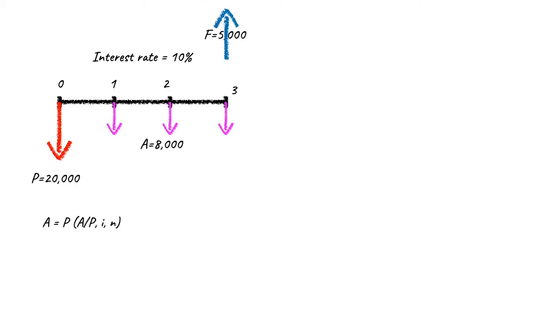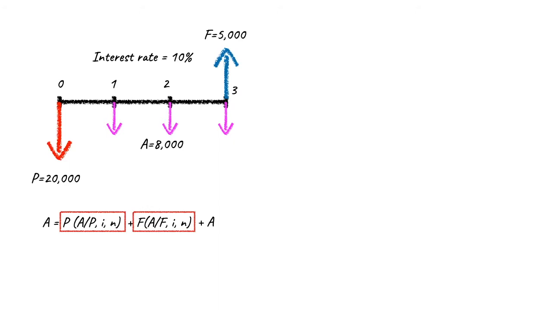Next, if you want to convert the F to A, use the AF factor. Finally, how do you convert annual series to A value? You don't have to convert, it's already in annual series. So, as there are 3 cash flows, make sure there are 3 components in the equation. In this case, 1 component which convert the P value, the second component which converts the F value, and finally, the annual series value are taken as it is.